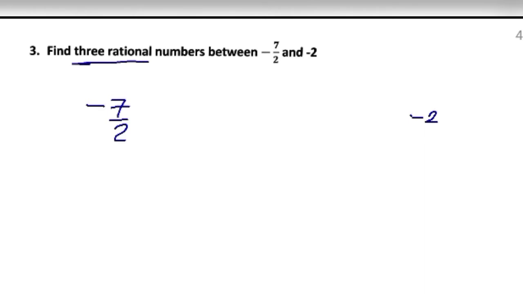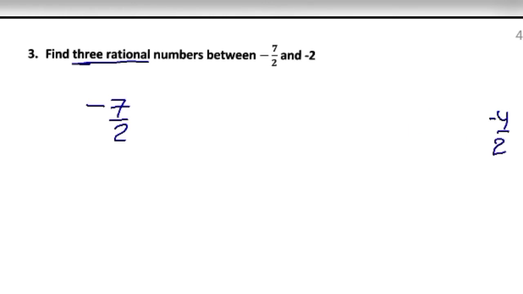Firstly we will make their denominators equal. This -2 can be written as -2 upon 1, and I want to make the denominator 2, so multiply this numerator and denominator by 2. Now it becomes 2 2s are 4 with minus sign upon 2.